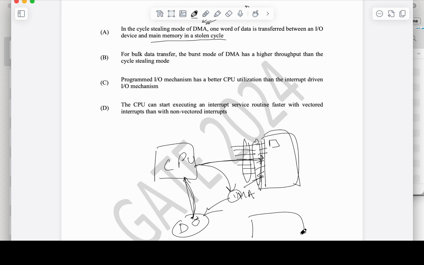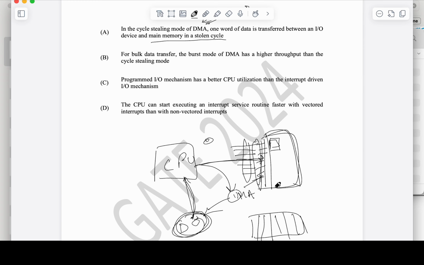Suppose this is the amount of memory that has to be copied from a device to the RAM at this location. It is copied from here to here in one cycle, and then the CPU does some task here. Then in another cycle this amount of memory is copied here, and so on and so forth. The whole memory would be copied from this device to your RAM.